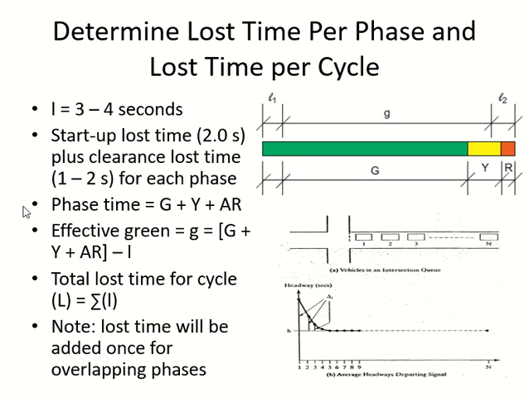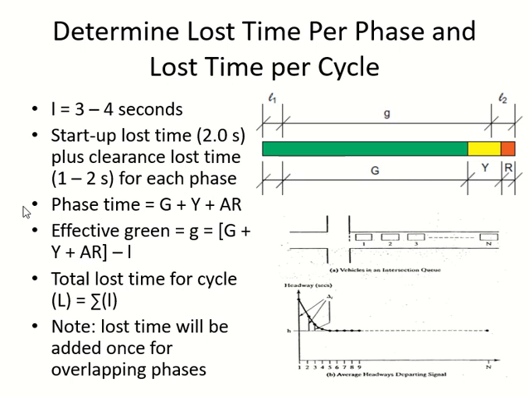There can be some signals where the phases are overlapping. You are allowing 2 movements at the same time. For example, 2 straight movements, eastbound and westbound. They can be allowed together, but these are 2 different phases. So these are overlapping. This one will have a loss time, and this one will also have a loss time.